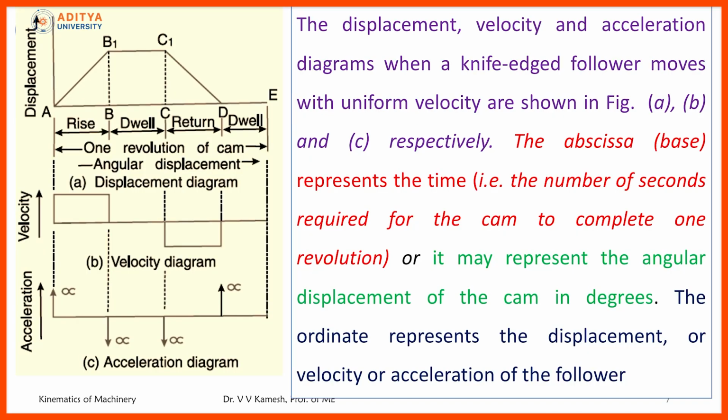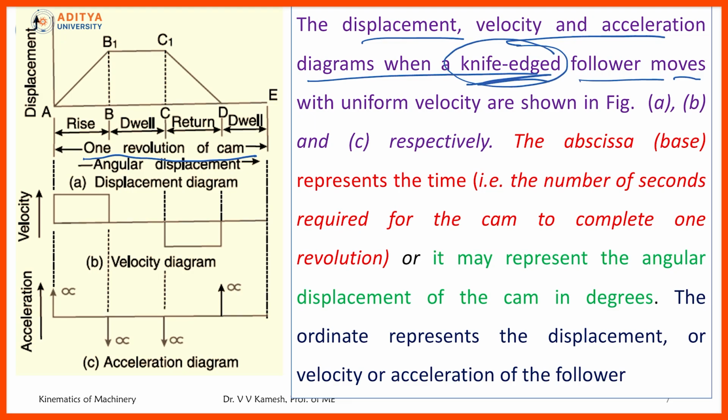In the left hand diagram, this is the displacement diagram for one revolution of the cam, because all the ups and downs of the cam profile go from the starting point back to the same point, as the cam is revolving. So, with one revolution of the cam, how will the movement of the follower be? The follower moves with uniform velocity as shown in the figures.